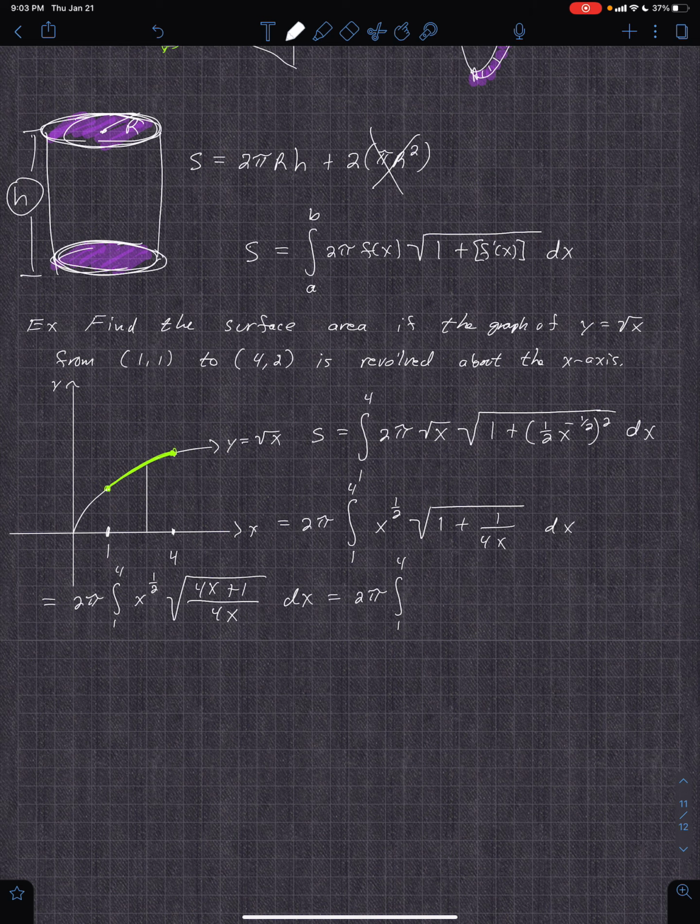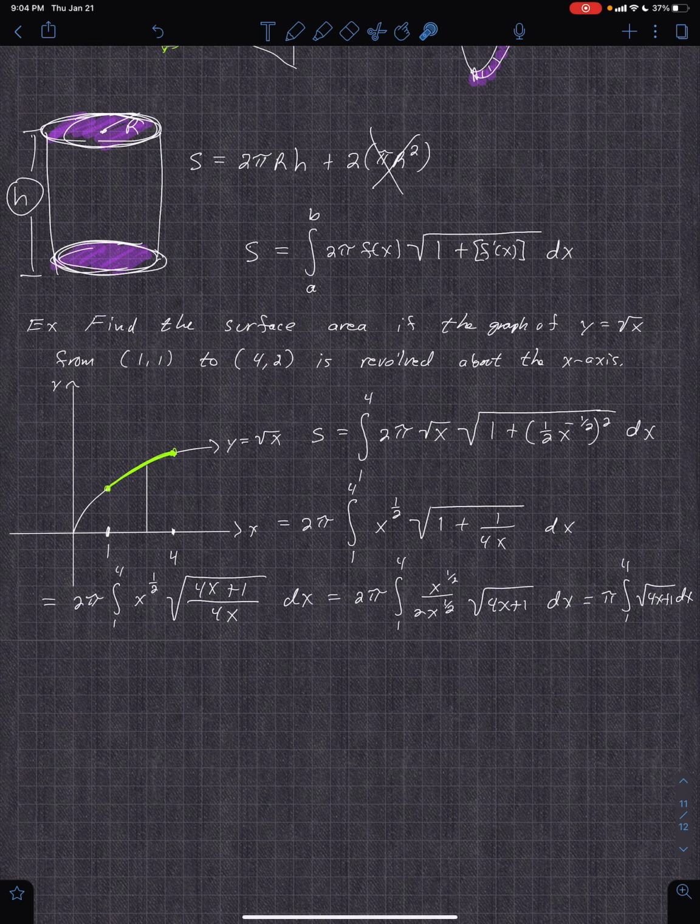Simplify that some further. Take the square root of the 4x, and you get just 2, and so you get x to the 1/2 over 2x to the 1/2 times the square root of 4x plus 1, dx. And pretty much from there, you can get it. So it's pi, integral 1 to 4, and then the rest of it you're going to do.